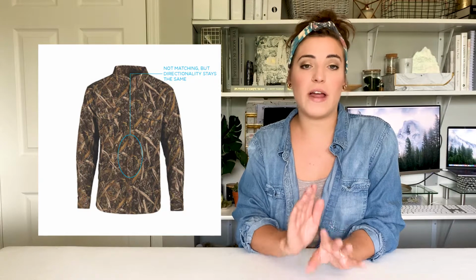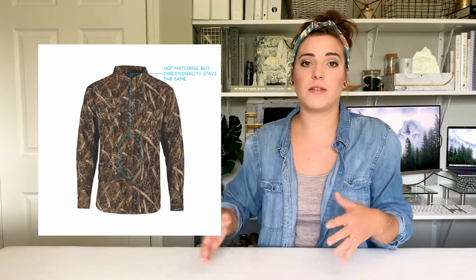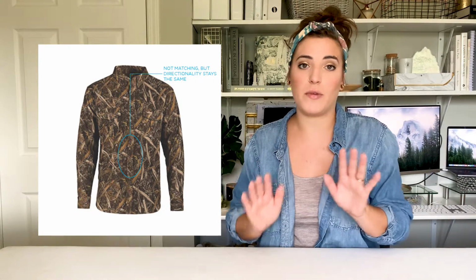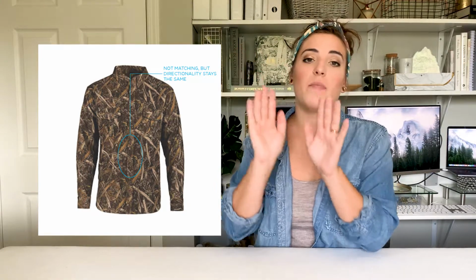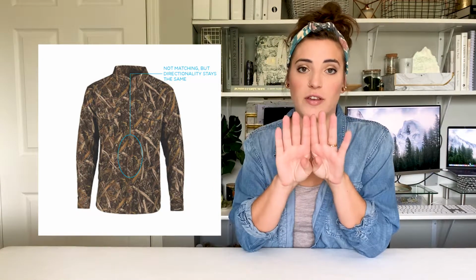The directionality of the print also matters. So I have an example in the blog post where it's kind of like a foliage camo print, and the directionality of the print is the same across the whole garment. It's going up the garment, but it is unmatched at the front. And so that would be that the directionality is all matching, but it is not matched across the pattern.